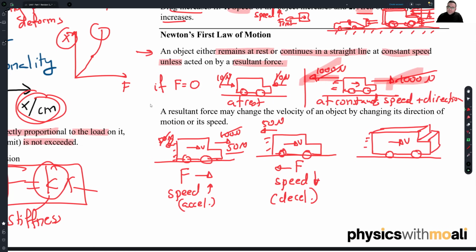You apply a force that's sideways. The term used here is perpendicular to the motion. This car will end up changing direction.